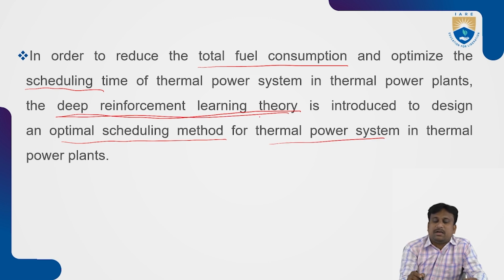This theory introduces the scheduling procedures: how to meet the load demands with suitable generating costs, and how to balance the load with the generated power. All these factors are studied in deep learning theory.